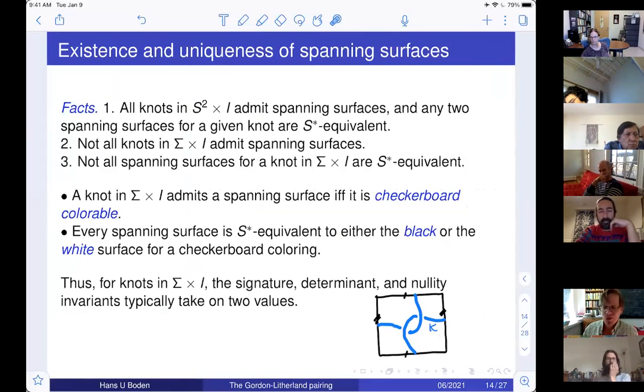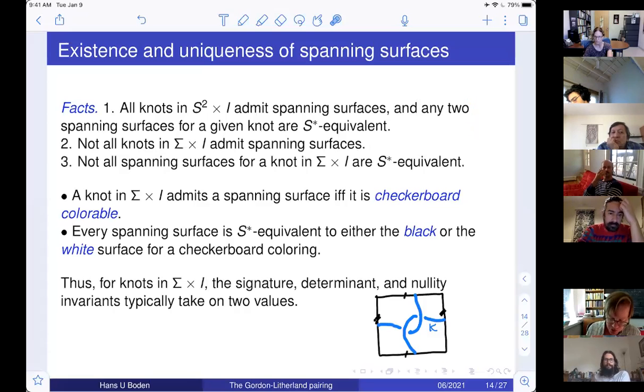The bad news is about existence and uniqueness of spanning surfaces. And really, this is meant to be interpreted up to S-star equivalence. So I'm listing some facts. I really can't do justice to all the beautiful results in Gordon and Litherland's paper, so I have to assume some of them are facts.